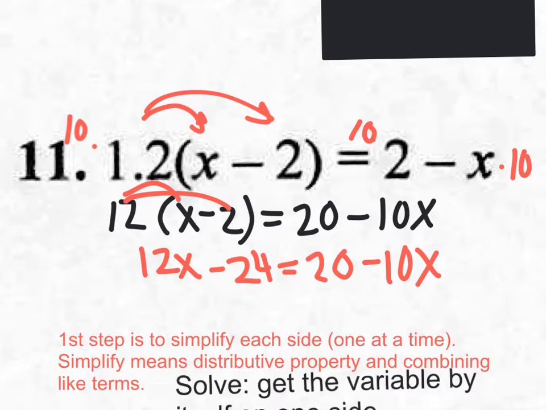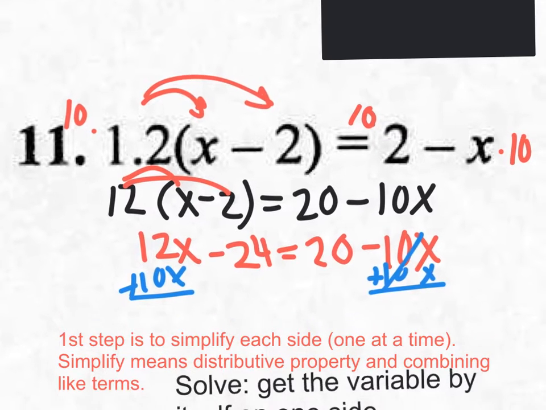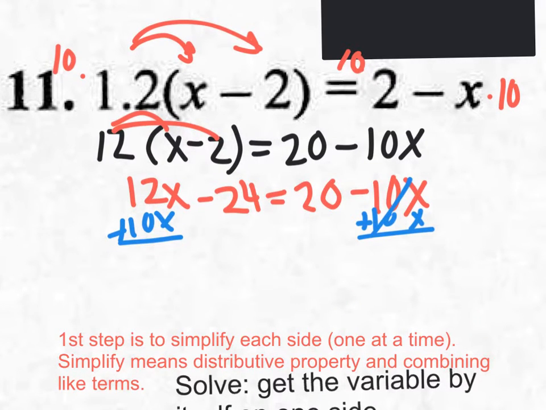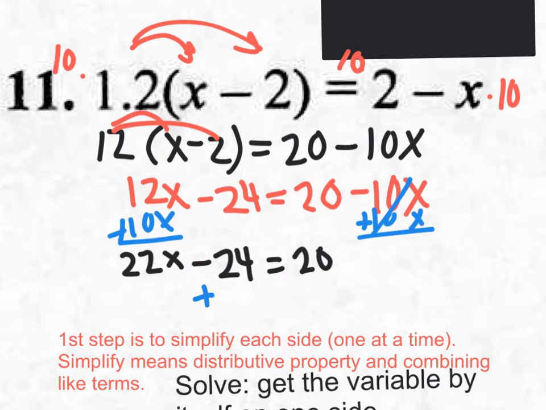Now it's just a question of getting x by itself on one side. So I'm going to go plus 10x. It'll cancel out. Plus 10x. So I could get x by itself on one side only. So I'm going to have 22x minus 24 equals 20. I need to get rid of this minus 24, so I'm going to go plus 24 to get rid of the minus 24.